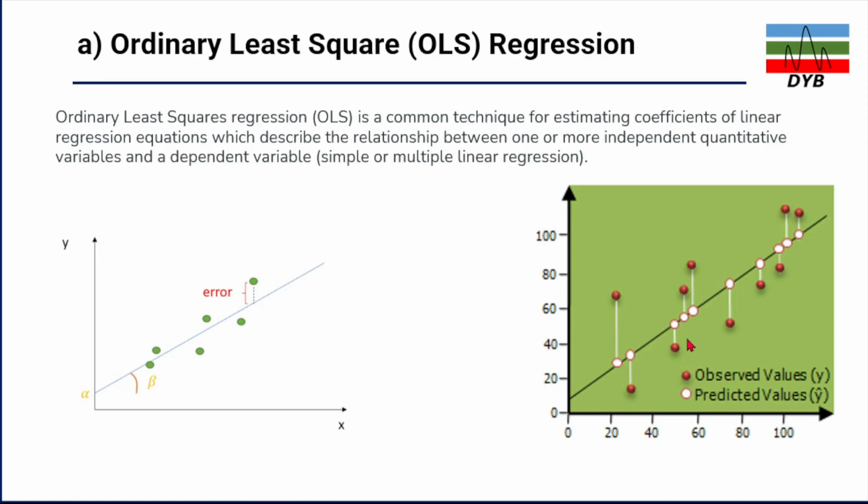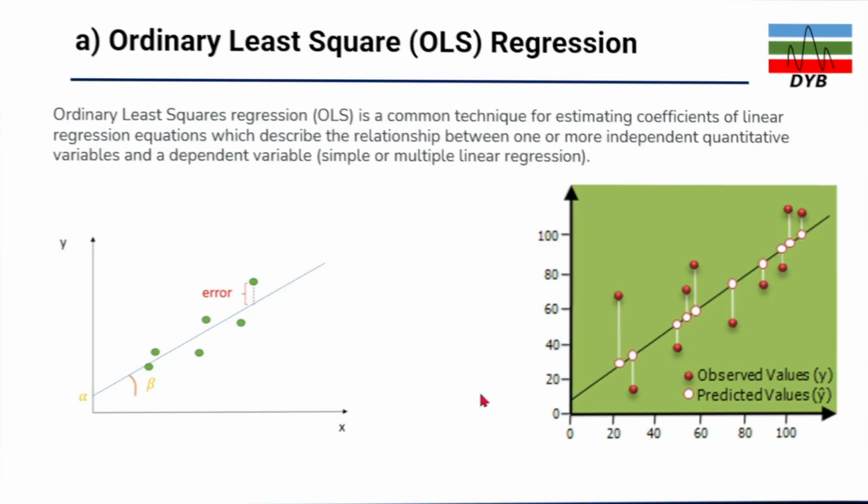You can also see these red points are the observed values, which are the actual values, and the white dots are the predicted values because they lie on the regression line. We have to find the difference between this one and this one. Based on that, we can have the y and x values and the difference between these two, by using the previous equation.